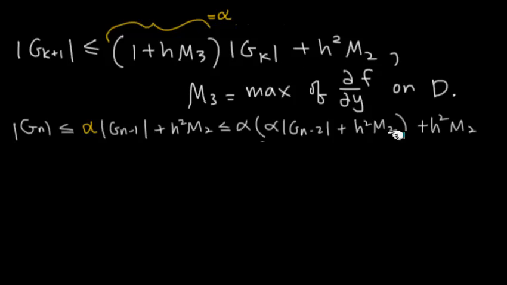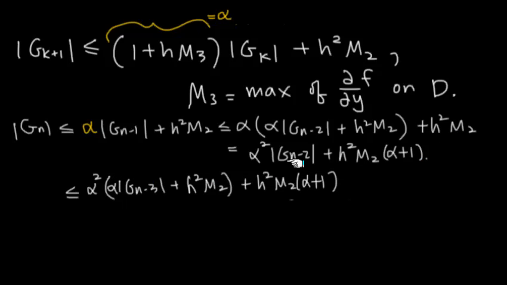That's what you see over here. So we're going to simplify as much as we can, which is this one here, alpha squared multiplied to Gn minus 2, and there's h squared m2, h squared m2. So if you factor that out, you can see that alpha is multiplied to h squared m2, and there's nothing multiplied to h squared m2, so altogether must be alpha plus 1.